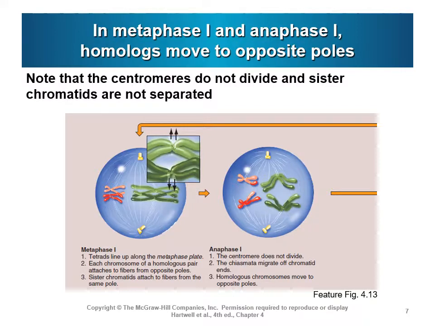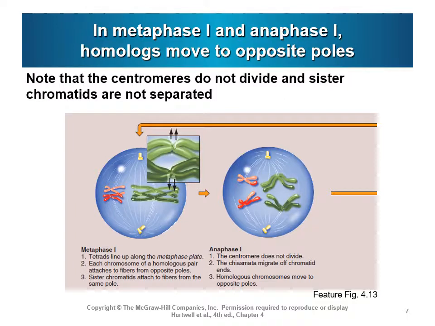So then comes metaphase I, where the chromosomes are aligned in the middle of the cell, which is called the metaphase plate. The microtubules are attaching to the centromeres of the homologous chromosomes.